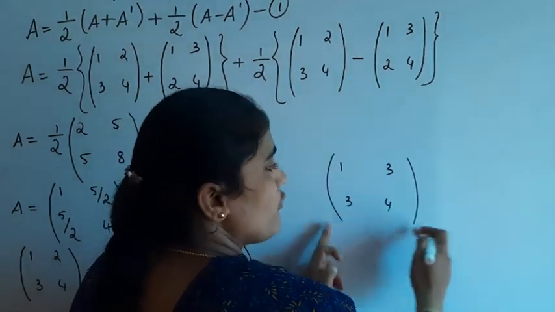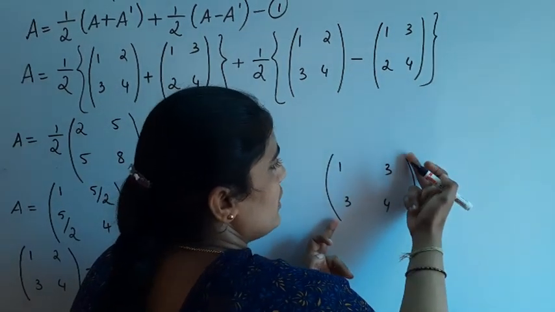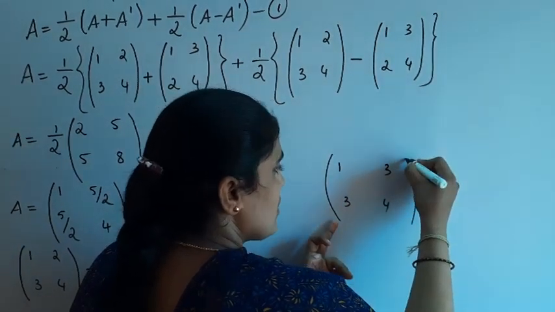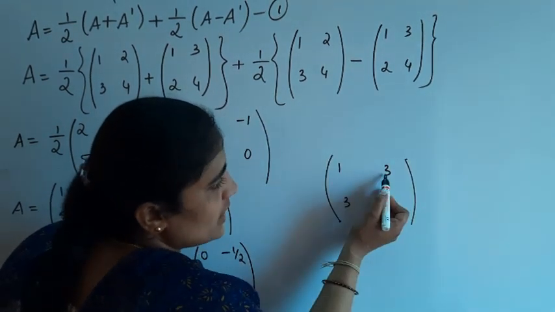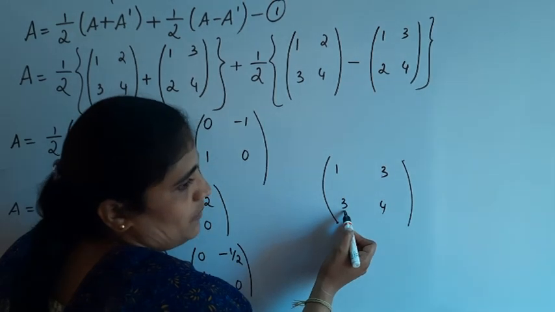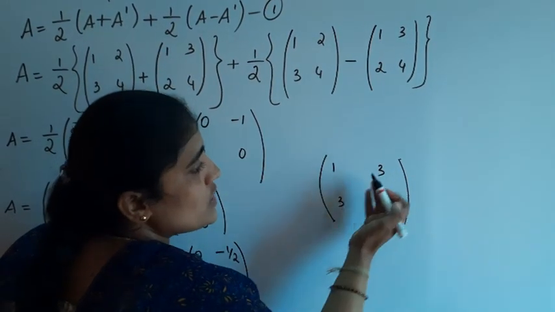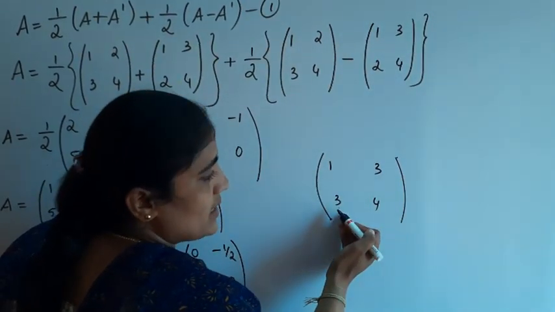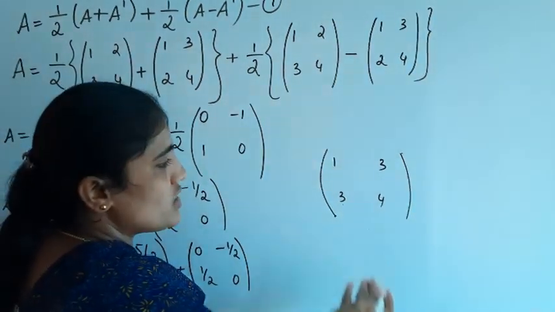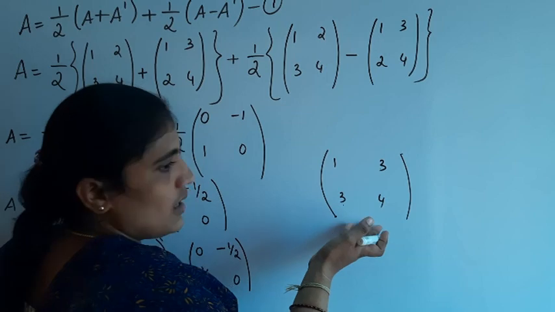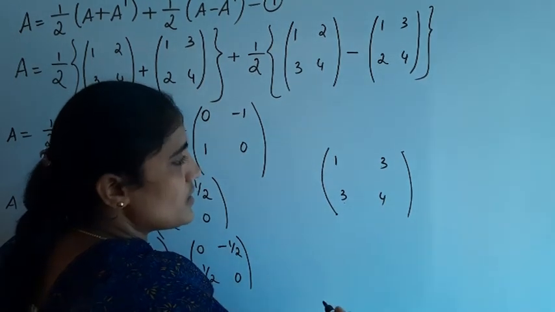Suppose it is a square form, okay. So if we fold this edge to this edge, this 3 comes on this 3, right? Okay. So if we are getting the same elements, then it is a symmetric matrix. Or you can take the transpose. If you take the transpose of this matrix, we get the same one.